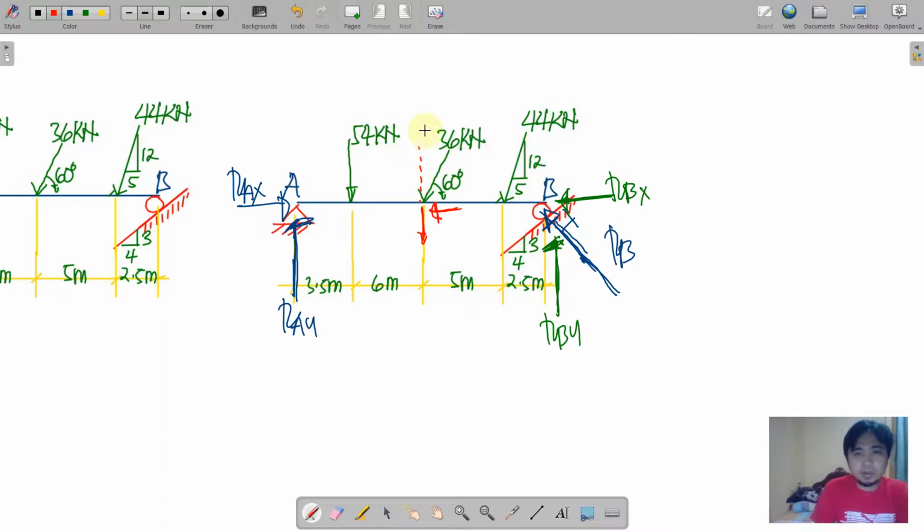So therefore, we're going to write this vertical component to be equal to 36 times sine of 60 degrees. And for the other one, we have 36 cosine of 60 degrees.